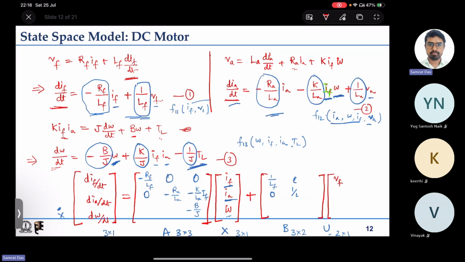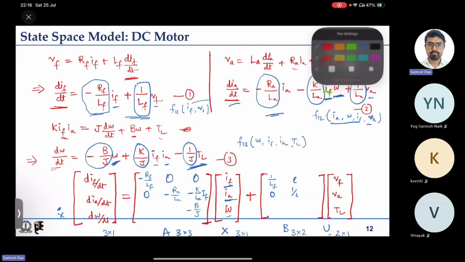So VF, VA and TL, these are the three inputs, as per our assumption. Two are control inputs, the third one is a disturbance input.